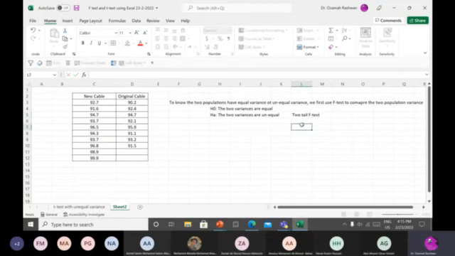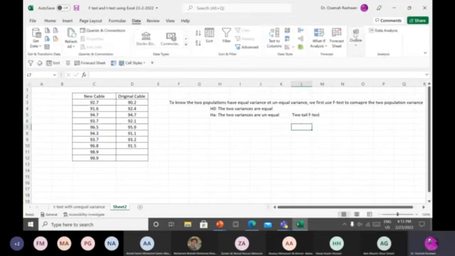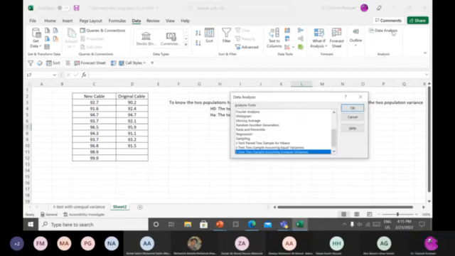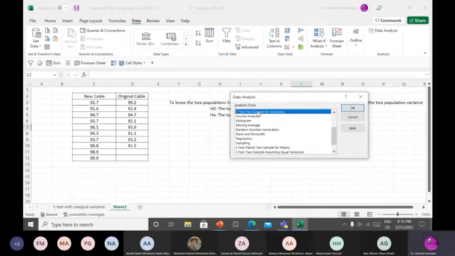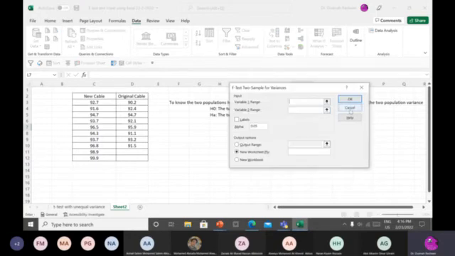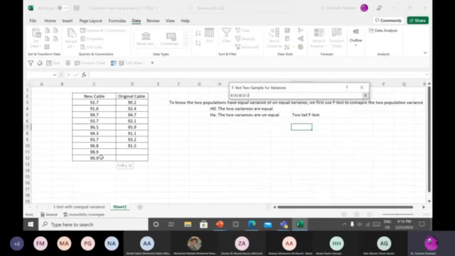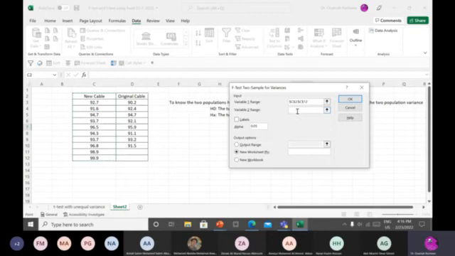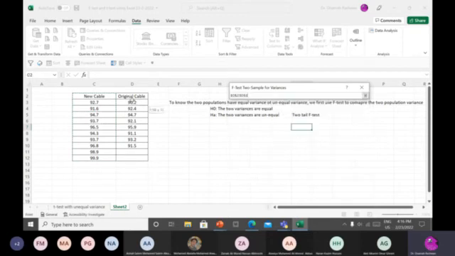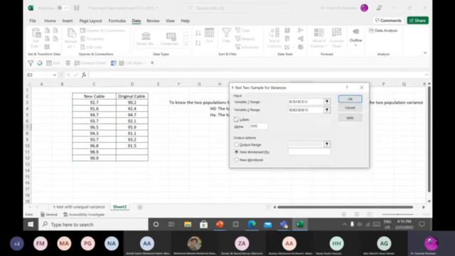Now I'll go for Data Analysis. I go for F. What is F? F-test, yes, for two samples. I select the first sample, next I select the second one.